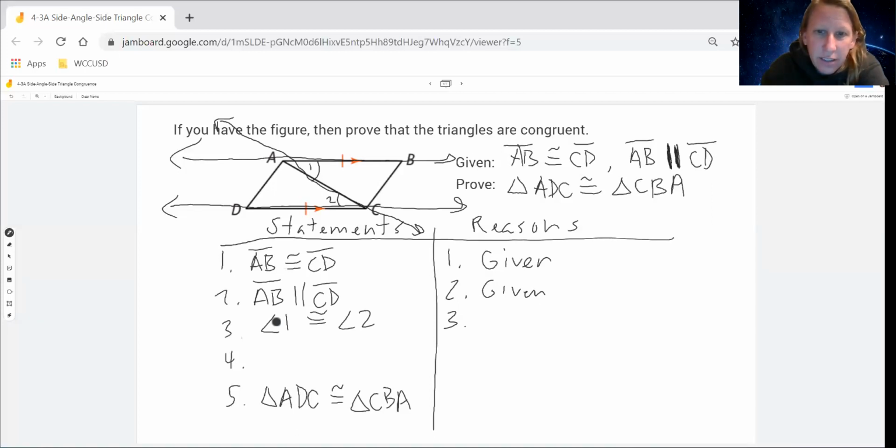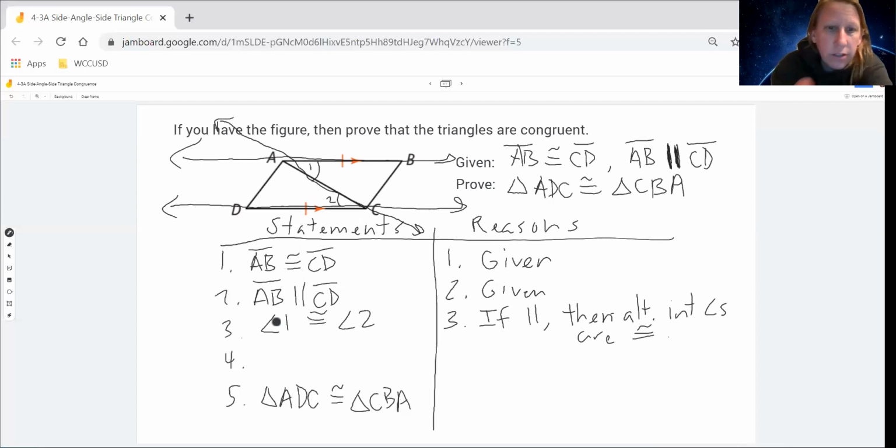Good. That says if the lines are parallel, then alternate interior angles are congruent. Are they alternate? Are they interior? Good, they're congruent.